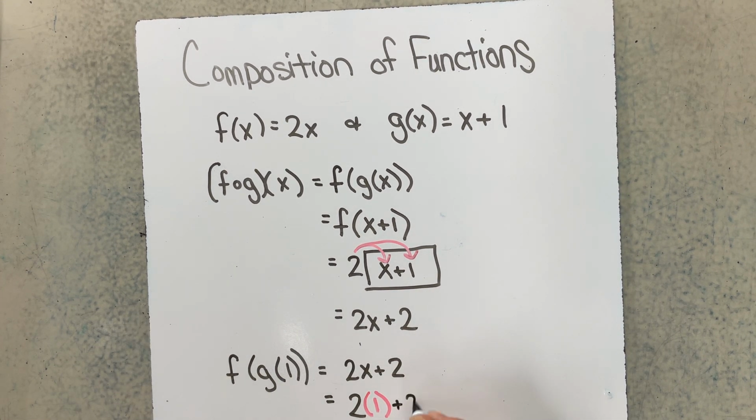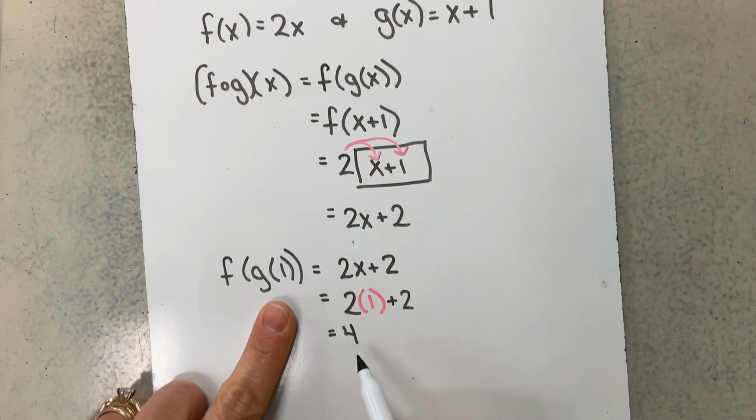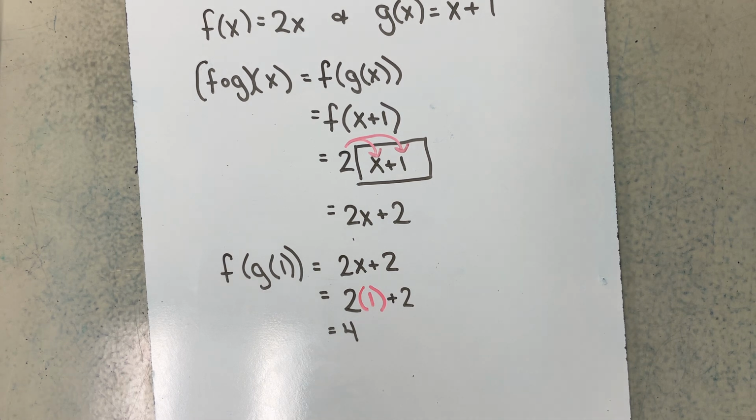So 2 times 1 is 2, and then 2 plus 2 is 4. So we can also solve these for an actual number. There's a lot of different things we can do with these.